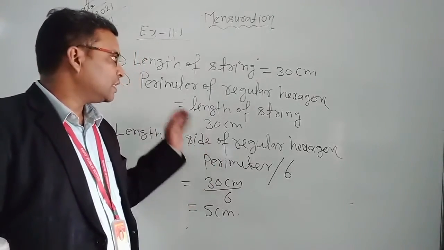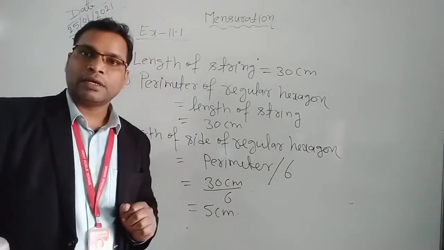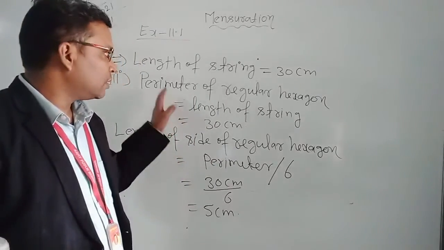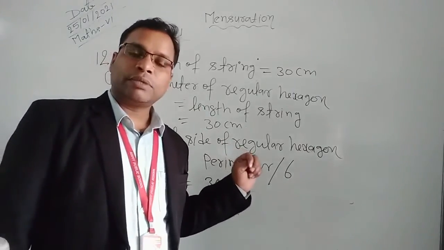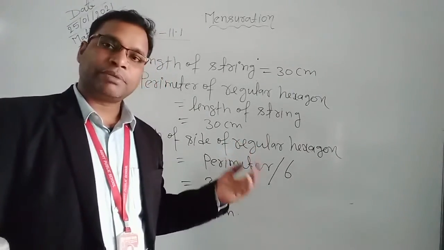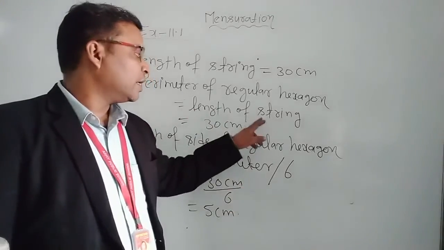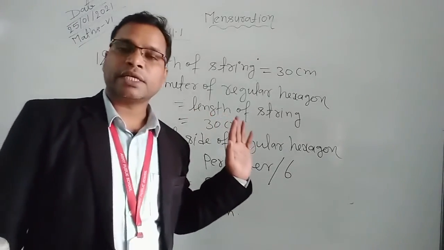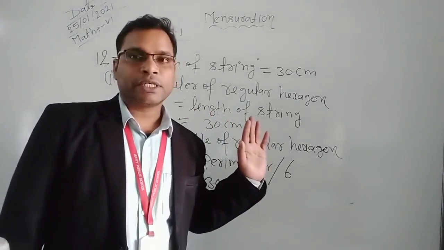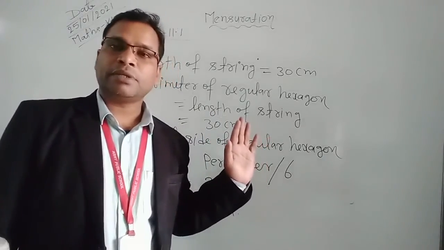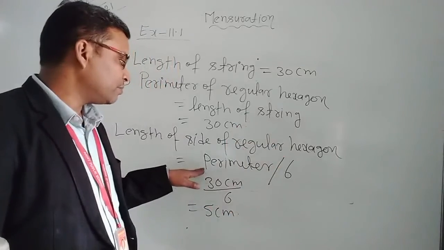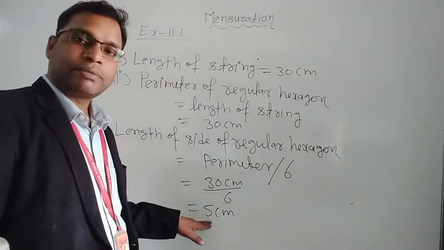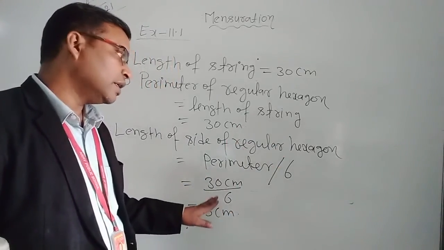Before it we need to find the perimeter of the regular hexagon. Because this regular hexagon is made by the given string, the perimeter of the regular hexagon is the length of string, which is 30 centimeters, and the number of sides of the regular hexagon is 6. Then we divide the perimeter by 6, and we get the length of side of the regular hexagon.